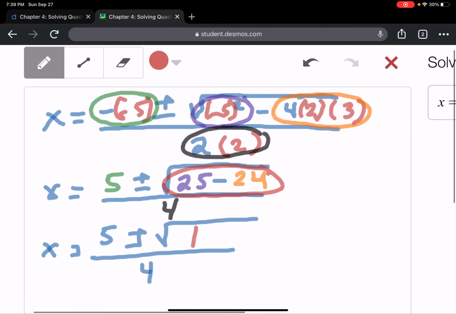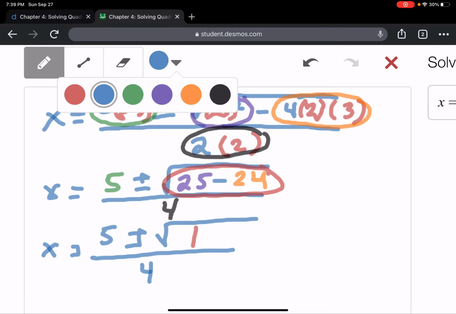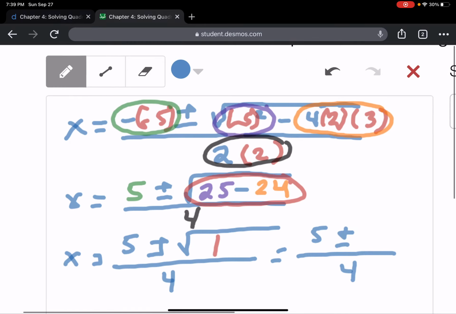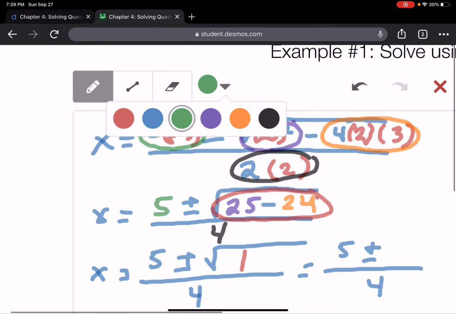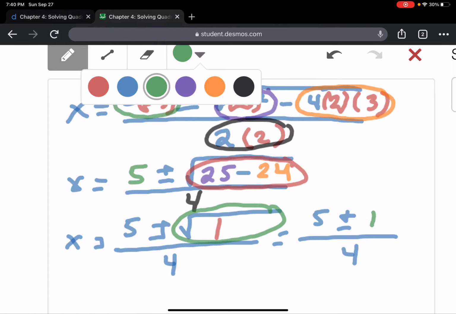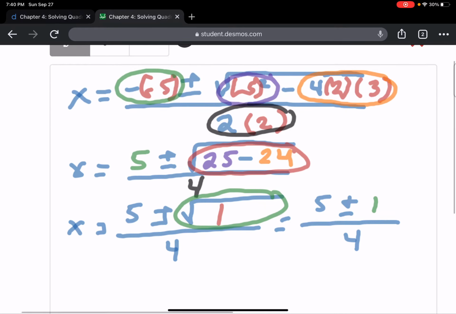Then I'm going to simplify the square root. The square root of 1 is 1. So we have 5 plus or minus 1 over 4.